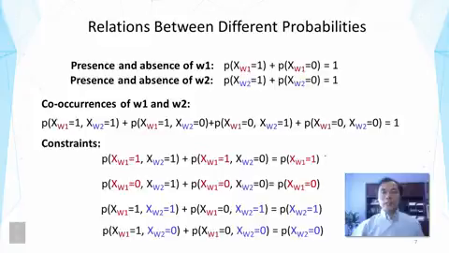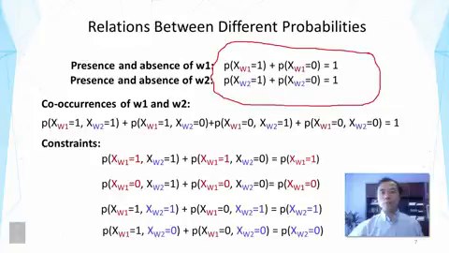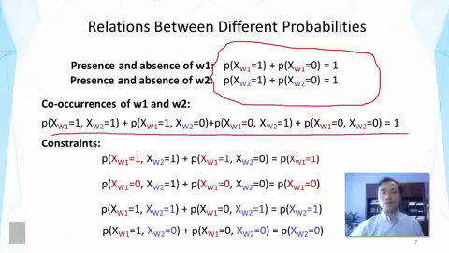It's also interesting to note that there are actually some relations or constraints among these probabilities, and we already saw 2 of them. Right. So in the previous slide, you have seen that the marginal probabilities of these words sum to 1. And we also have seen this constraint that says the 2 words can only have these 4 different scenarios of co-occurrences. But we also have some additional constraints listed at the bottom.